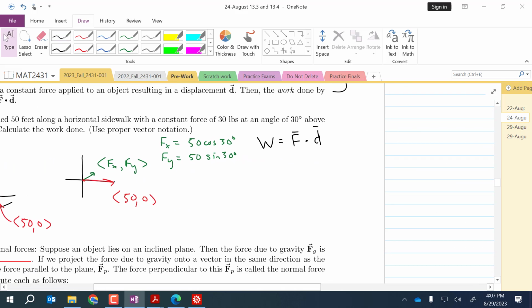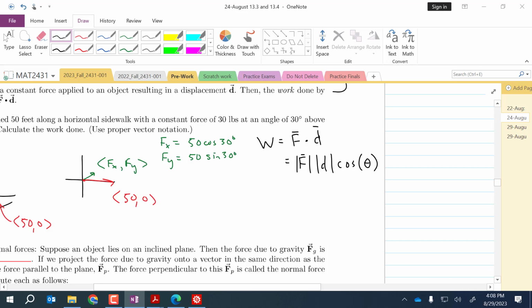And how do we take the dot product geometrically? We take the magnitude of the first vector, that's its length. Do we know what the length of our force vector is? What's the length of our force vector, folks? 50. Times the length of our displacement vector, which is what? Not 50, but 30. Okay. Times the cosine of the angle between them.